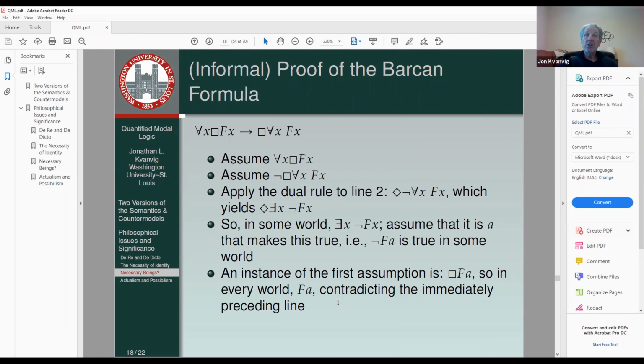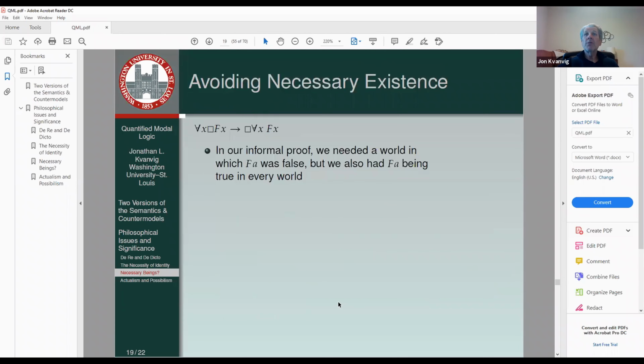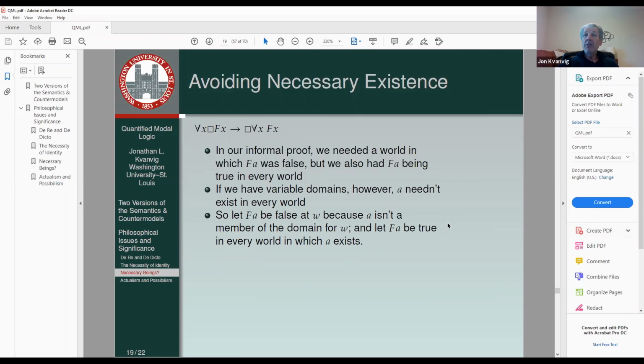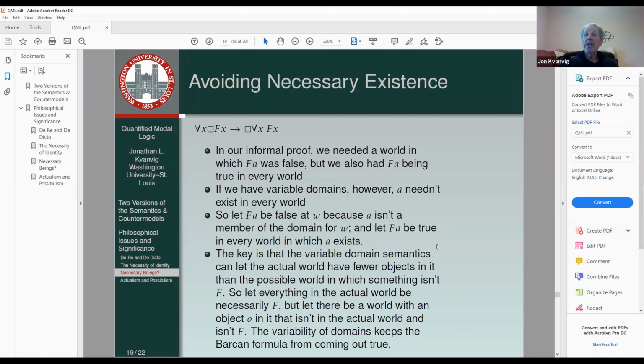Now, as we saw when we did fixed and variable domain semantics, you can avoid that result by not insisting that each world has the same domain. So let FA be false at a world because A isn't a member of the domain for W. And let FA be true in every world in which A exists.